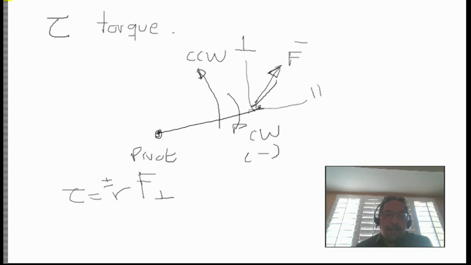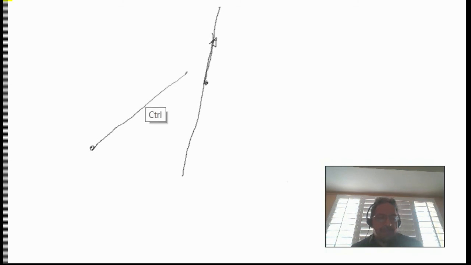There are more ways to calculate this torque. The other way to do it is to consider that we have the force here, and then we extend that line of action. And then we have a distance r, and then we take the moment arm.